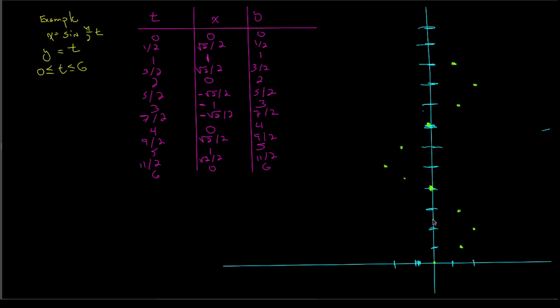Let's see if I get all my t values. So there's 1, 2, 3, 4, 5.